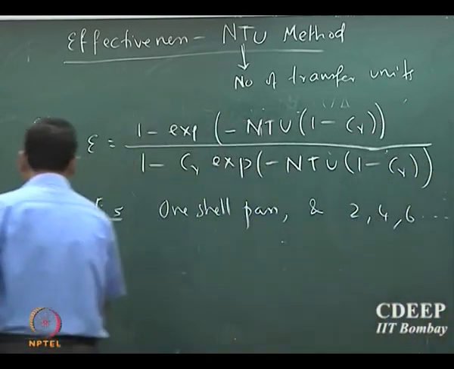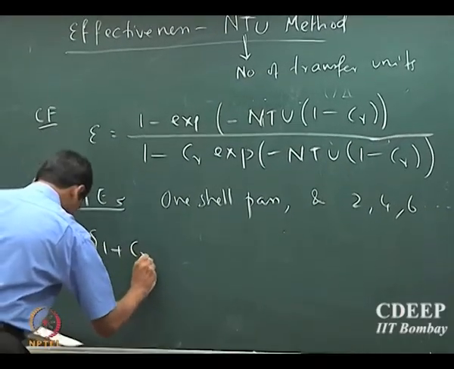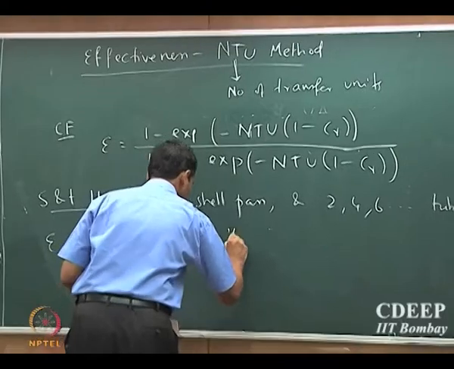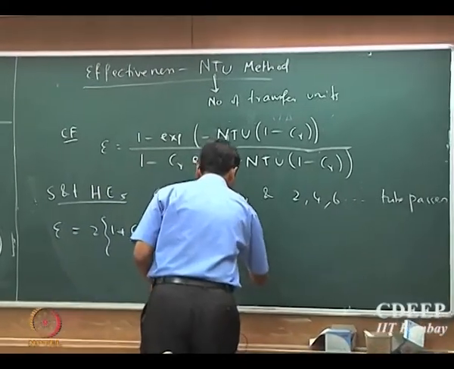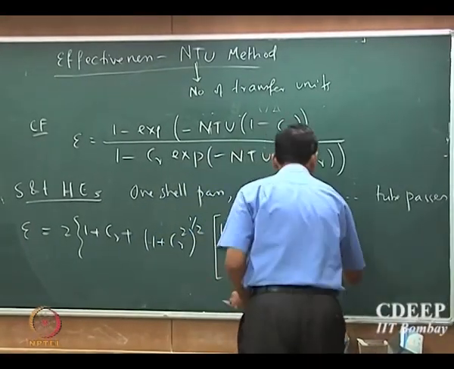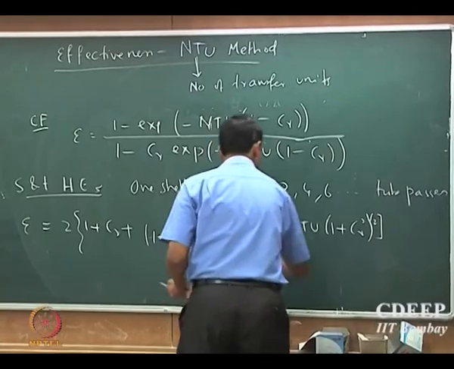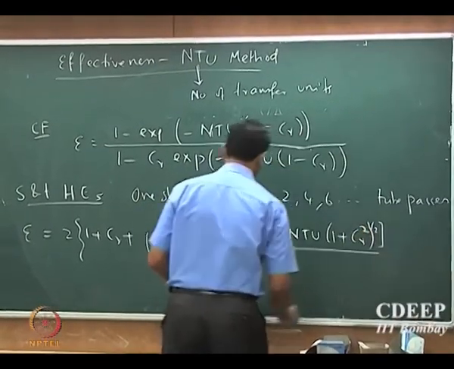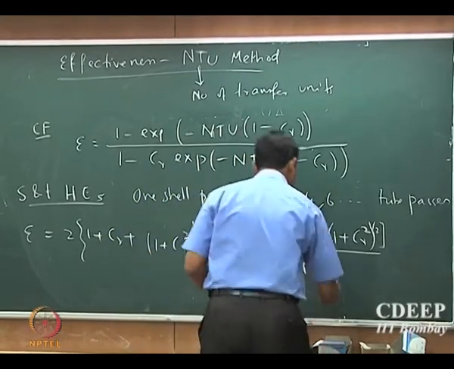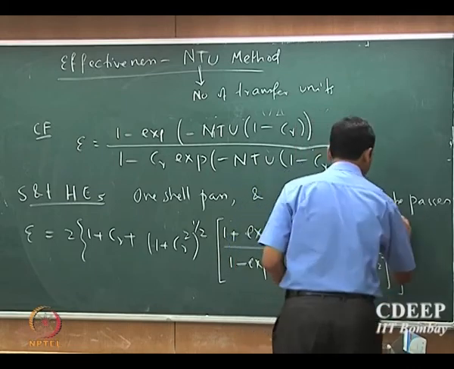Okay, so epsilon will be 2 times 1 plus CR plus square root of 1 plus CR square into 1 plus exponential of minus NTU square root term, divided by 1 minus exponential of minus NTU square root term, to the power of minus 1.